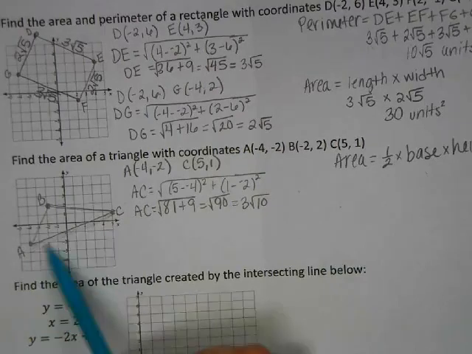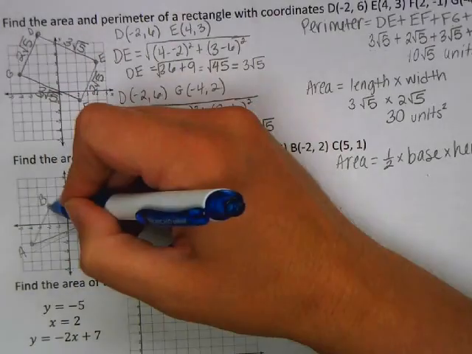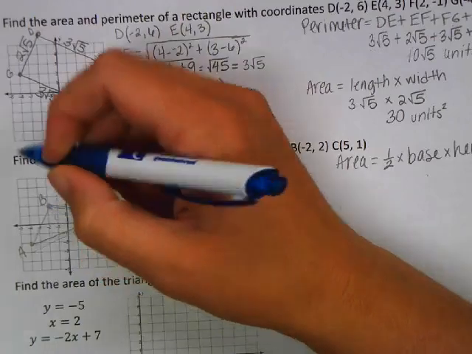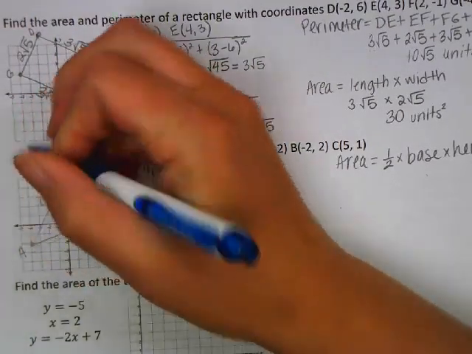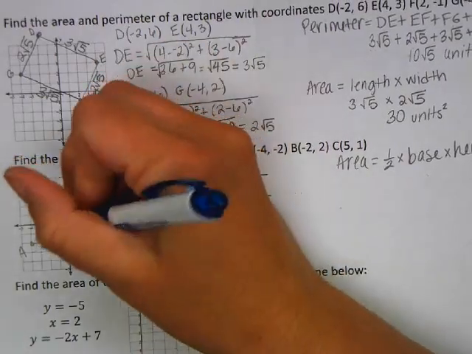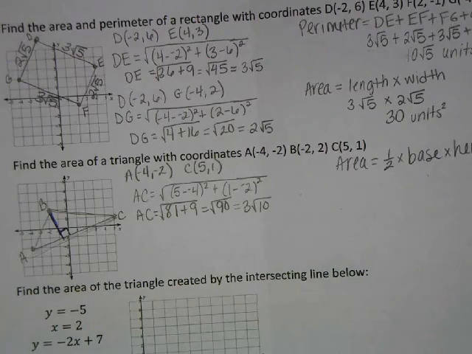So now that I know my base, I need to go in here and calculate my height. Now the height is not drawn for you, so you're going to have to go ahead and do that. So you have to draw in your height. And remember, the height is perpendicular to the base. So that's your height.